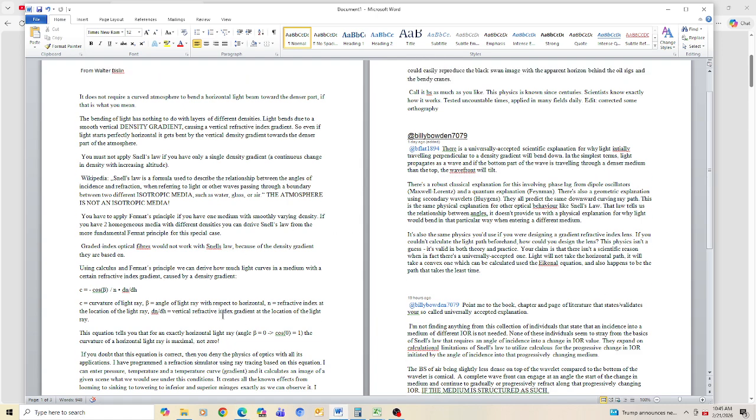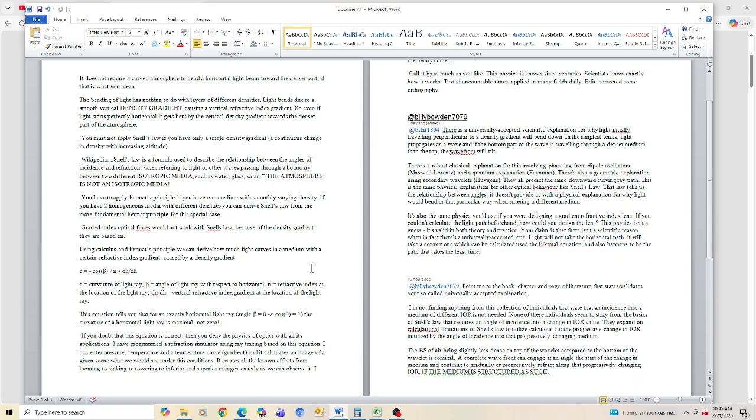So we'll continue here. Gradient index optical fibers would not work with Snell's law. Never said they did. But our world is not gradient index optical fibers. So using calculus, great, we can derive things from principles and calculus if they are applied in a medium that justifies applying the calculus and Fermat's principle correctly.